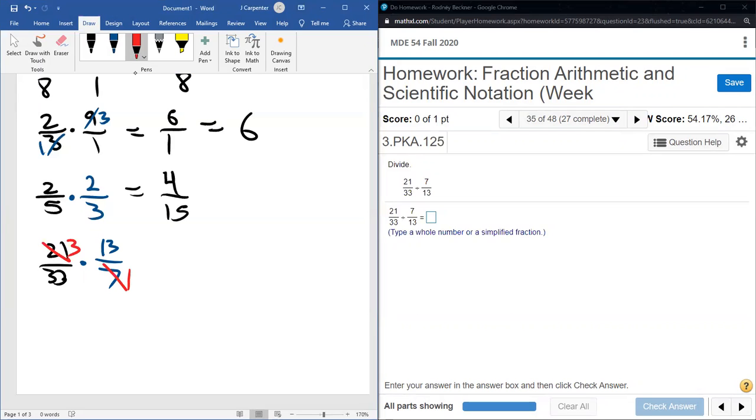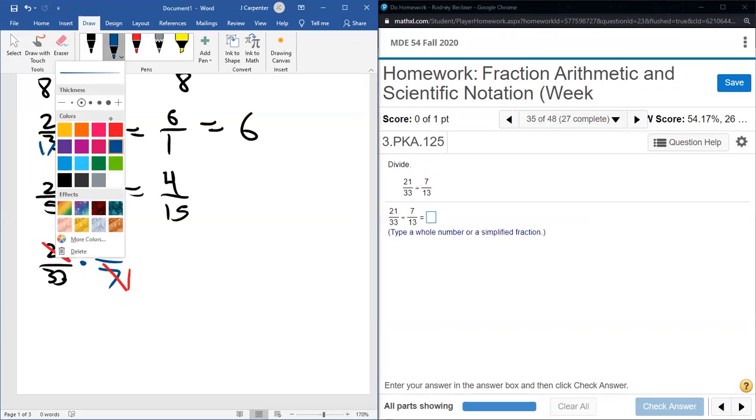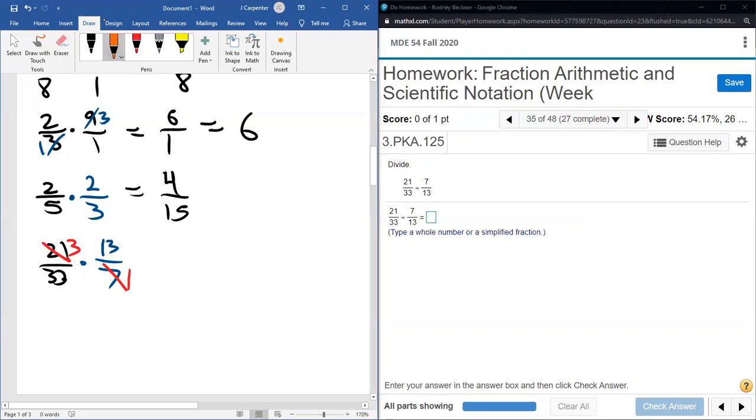Now, you might have seen that 3 went into 21 and 33 into that first, and that's okay. But now I definitely see that 3 goes into 3 and 33. So I can take a different color to show you the coordination. 3 goes into 3 once, and 3 goes into 33 11 times. And that's all that's going to simplify before we multiply straight across. 1 times 13. And if you want to rewrite everything, 1 over 11 times 13 over 1. Some people like doing that. And you'll get 13 over 11.